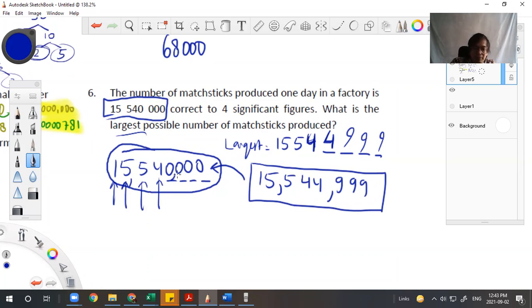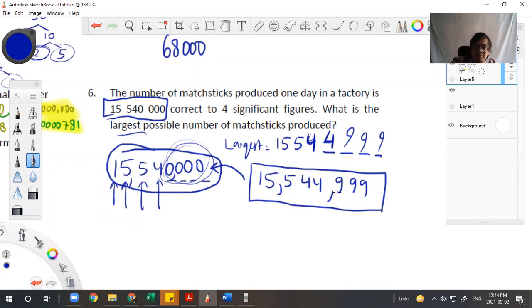And then the rest will be the rounding. This is the rounded number, because in reality we never deal with ones or tens or 100s to represent the total population, or the total matchsticks produced.